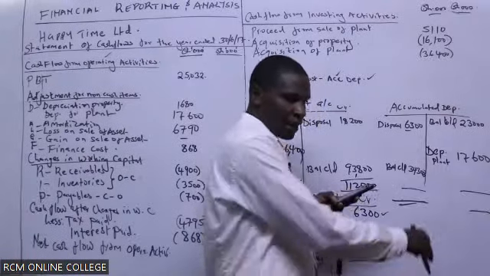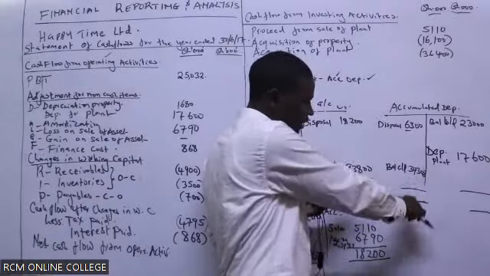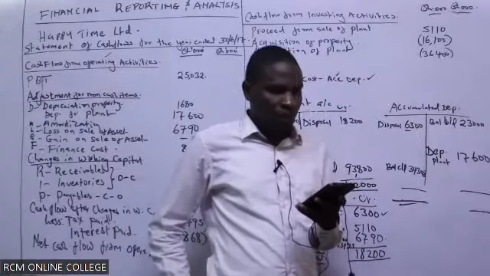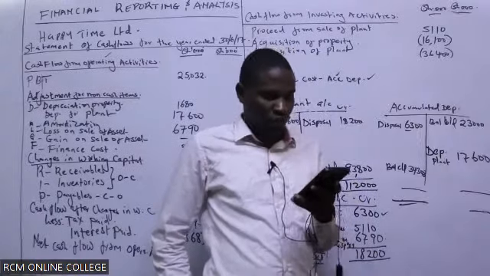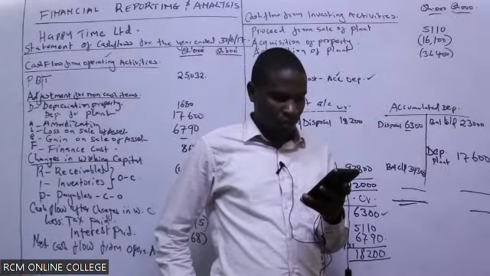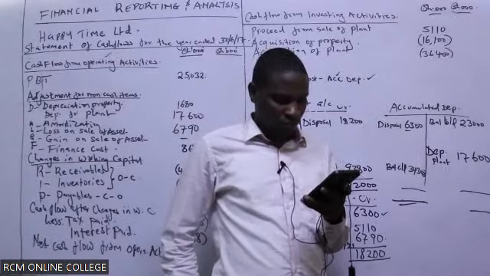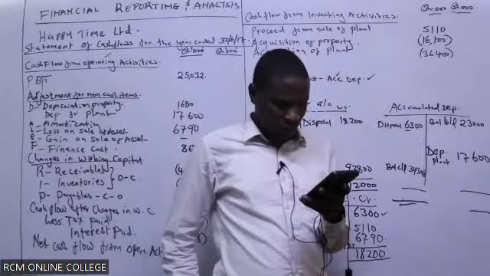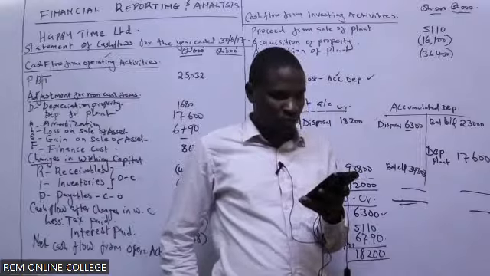What is the total here? Just give me the totals here so that you're able to look at it. 4,600, that's the total. Okay, people are giving me 4,600.